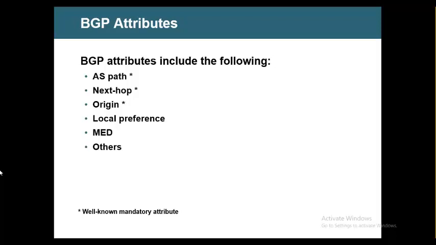Between EBGP neighbors, local preference will not be advertised. Local preference is only for those routers within the autonomous system. Next, MED is also well known but not mandatory.